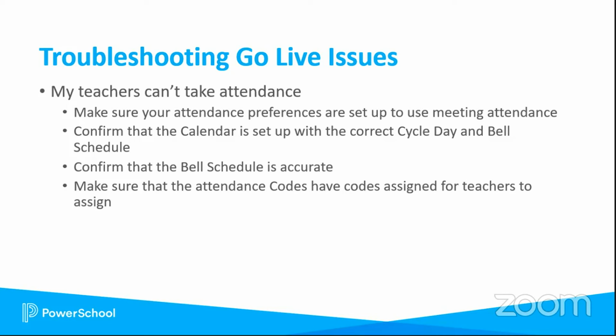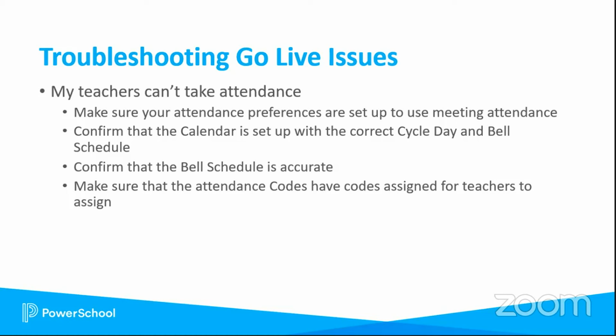And I've just got a couple of scenarios as far as something that might happen and how you will fix it. If your teachers all of a sudden let you know that they can't take attendance, one thing, if the meeting attendance preference is not set under attendance preferences, they will not be able to take attendance. Check that your calendar has the correct cycle day and bell schedule. If that's not correct, it won't allow attendance.